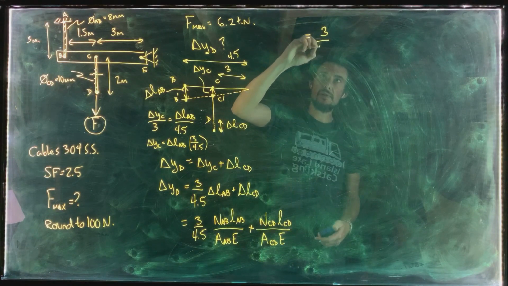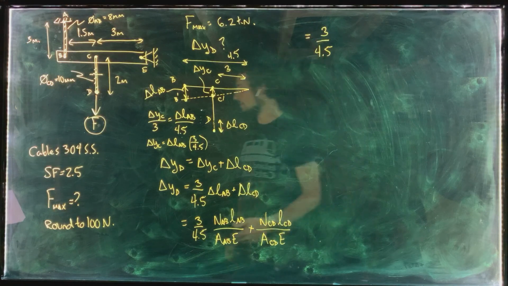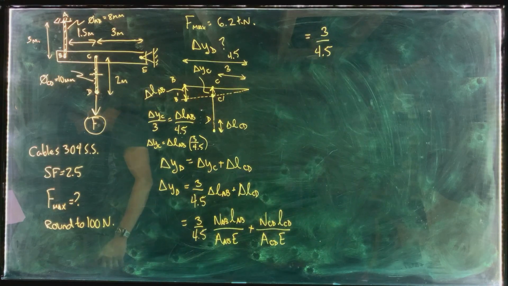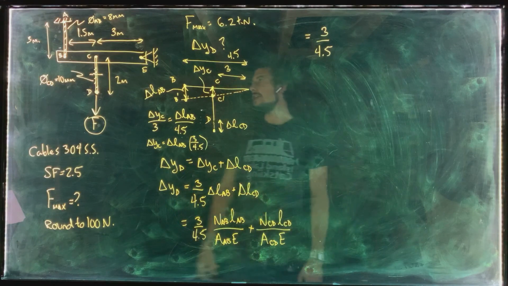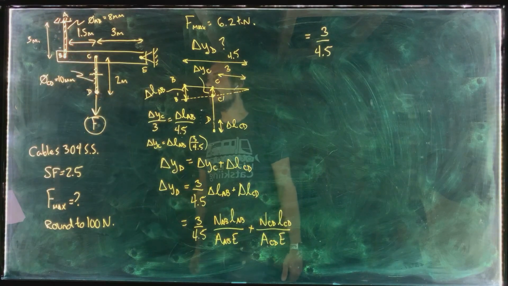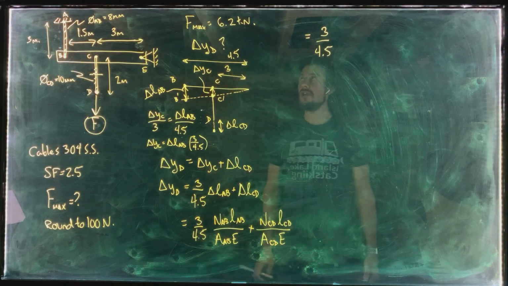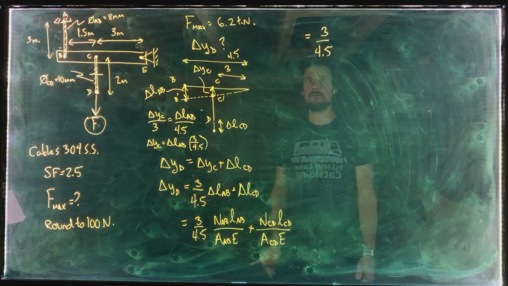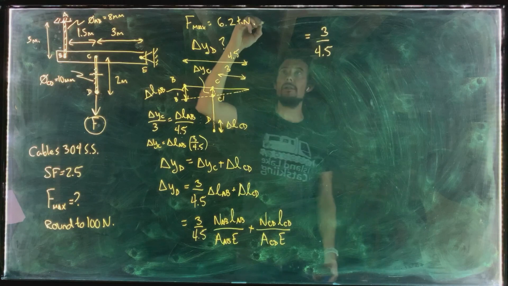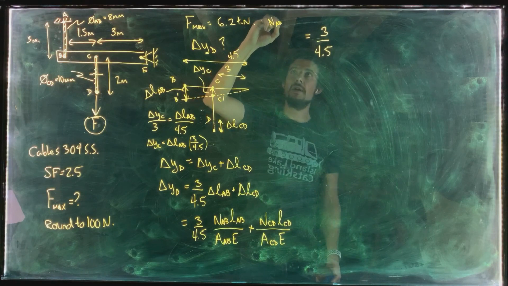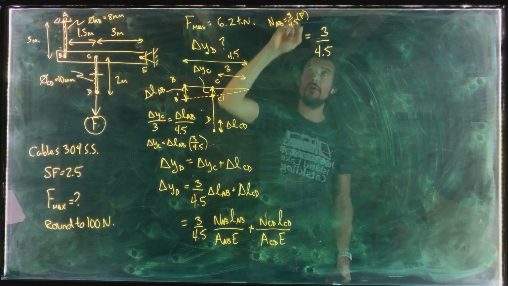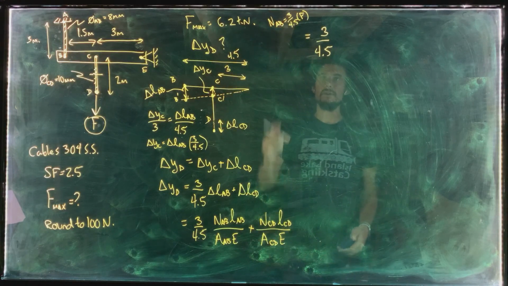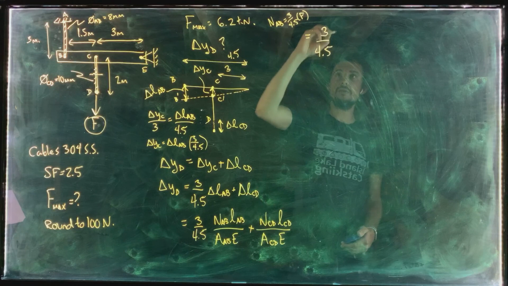So we've got our 3 over 4.5. Now I'm just going to check if there's questions before I move along, and there's not. So NAB, we said NAB was what? 3 over 4.5 of F from the last problem. We said NAB is going to be 3 over 4.5 of whatever load F is. So I'm going to pop that into here.